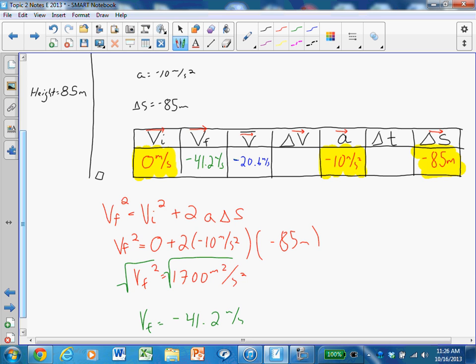I did that by this plus this divided by 2. And then delta V is Vf minus Vi, which would just be minus 41.2 meters per second.